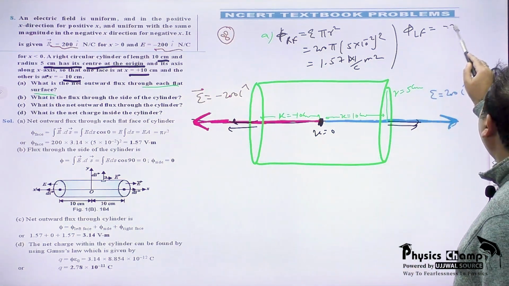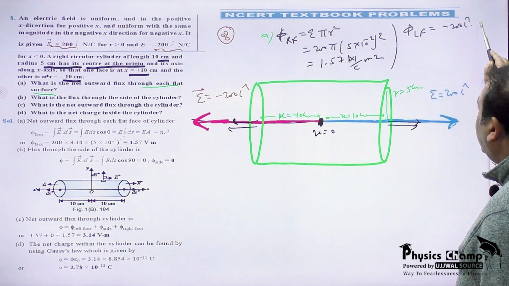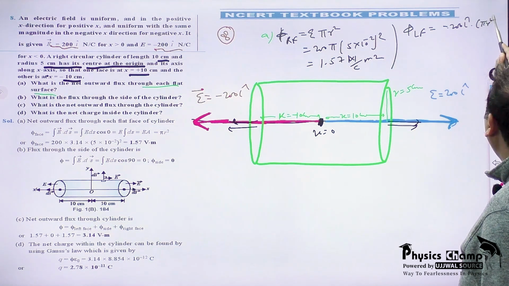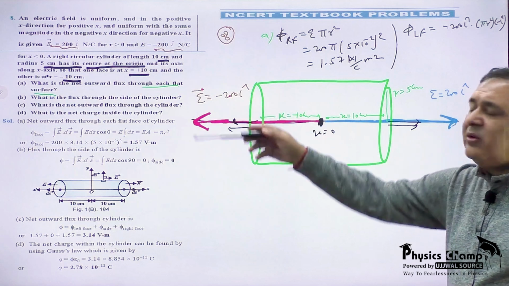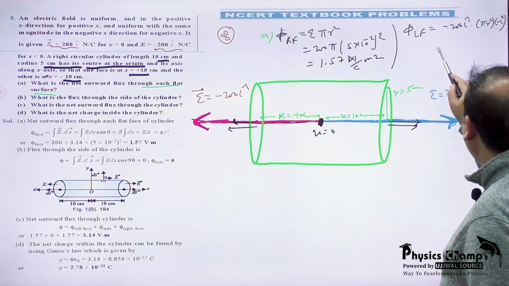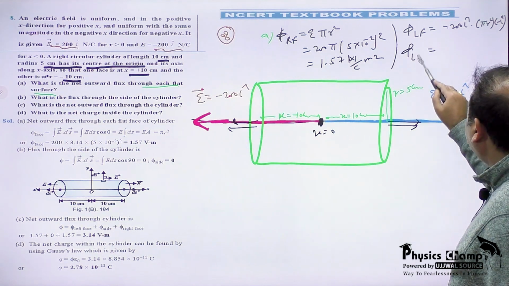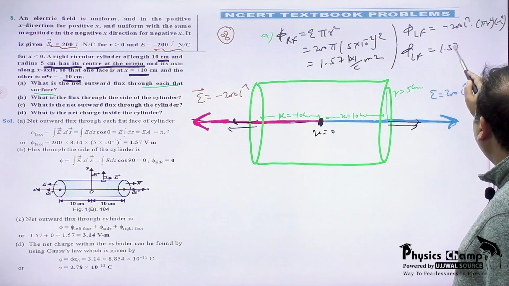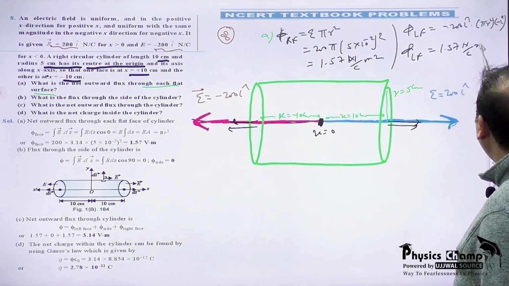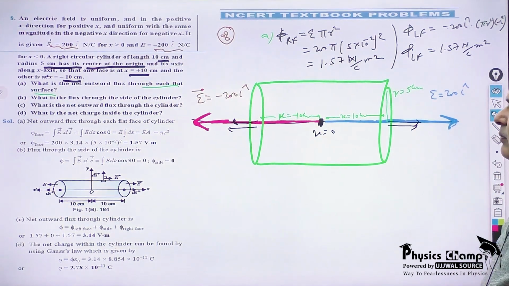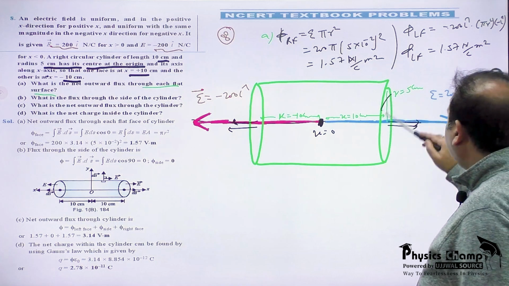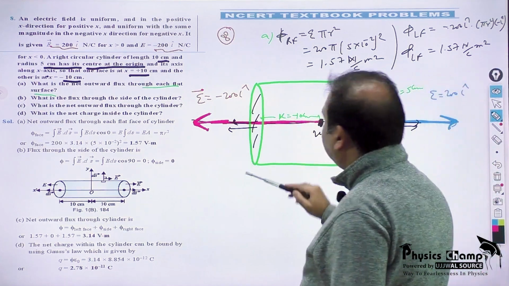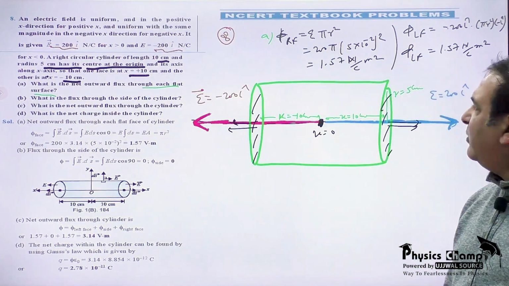So I would say it is minus 200i dot pi r square into minus i, because area vector is also in the same direction. So it will also have the same value, 1.57 Newton per coulomb meter square. So flux through the right flat surface or the left flat surface, they have the same values.